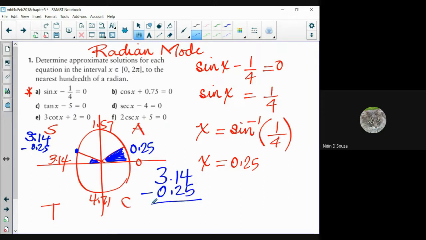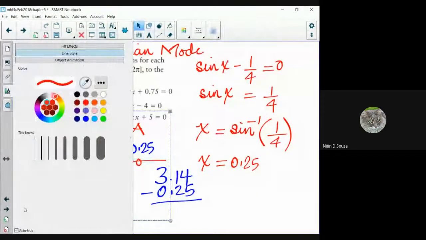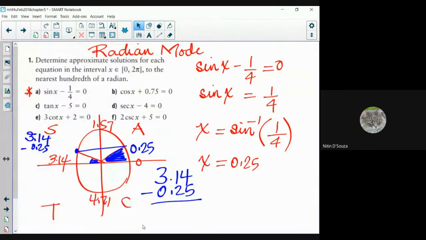Because this angle is 0.25, this angle will give you the same sine because of symmetry. So to find this angle, it's 3.14 minus 0.25. Okay? So that's going to give us 2.89.